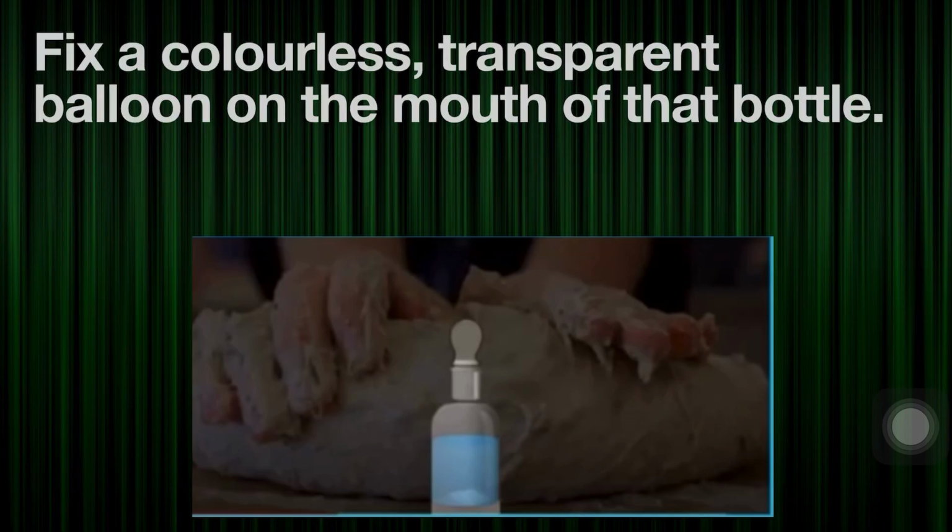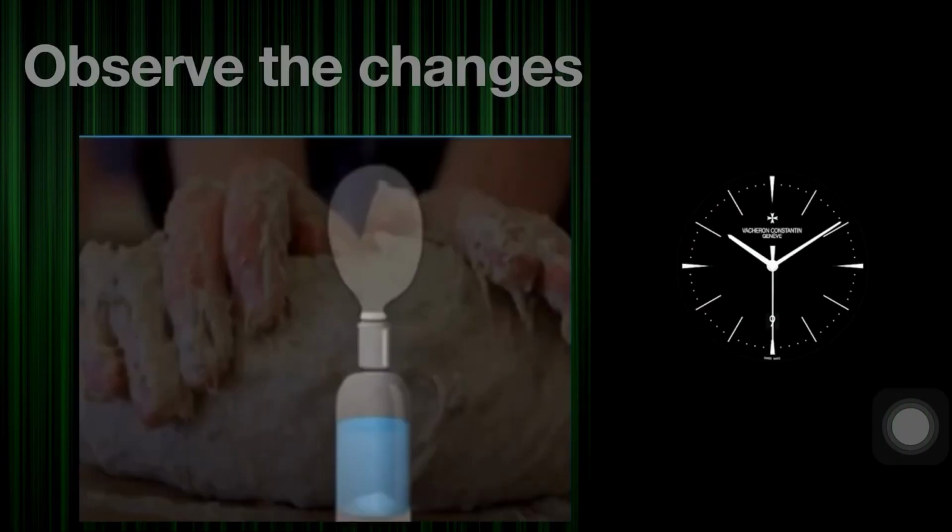Fix a colorless transparent balloon on the mouth of that bottle. Now observe the changes. You will see that the balloon is filled with gas. As you can see here, the balloon is filled with gas.